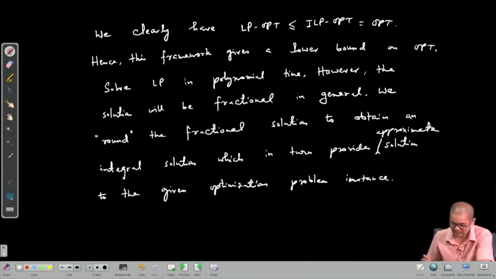So in this approach, the ratio between LP opt and ILP opt is a bound on the maximum approximation ratio possible. This is called the integrality gap.